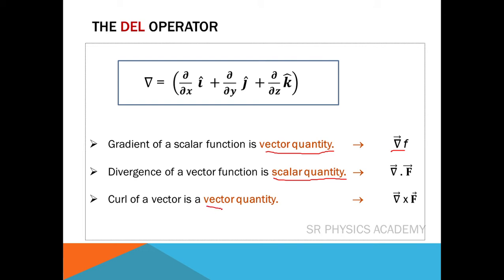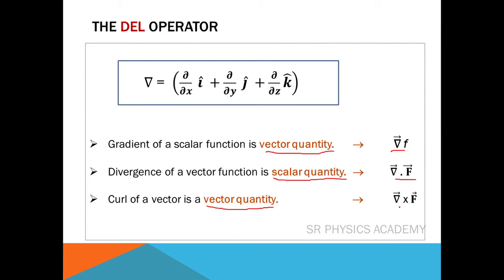Once more I am explaining: the gradient function turns a scalar field into a vector field. The divergence turns a vector field into a scalar quantity.